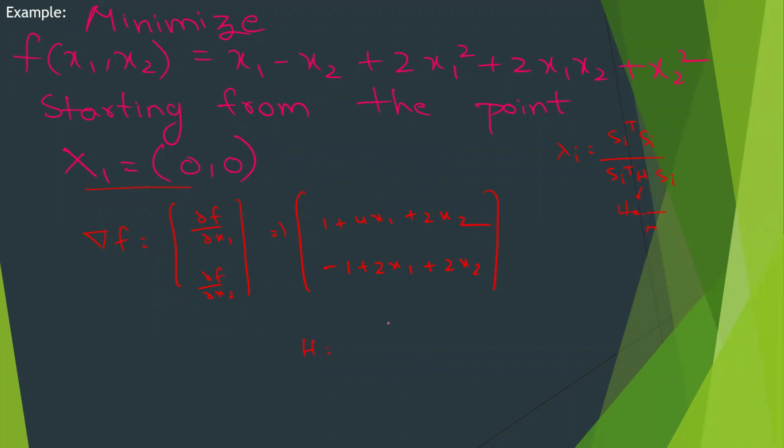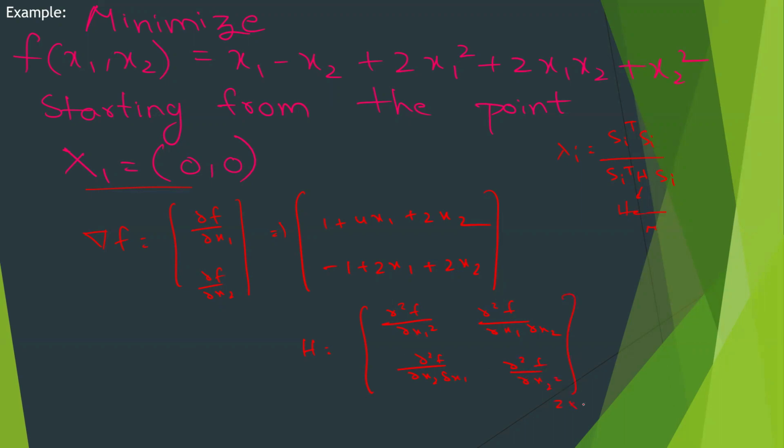So H is equal to: del square f by del x1 square, del square f by del x1 del x2, and del square f by del x2 del x1, del square f by del x2 square. So this is the formula.